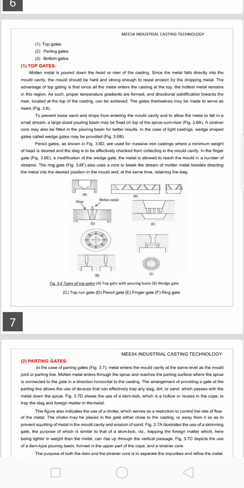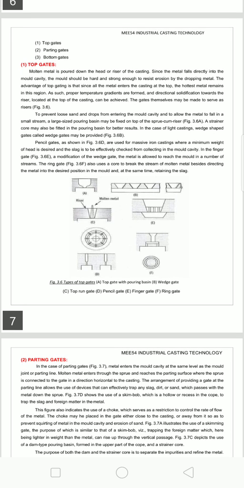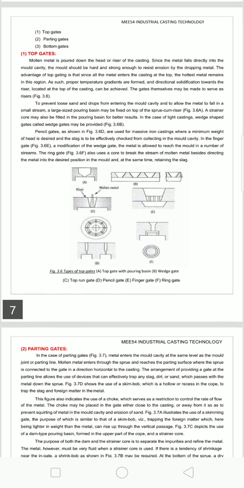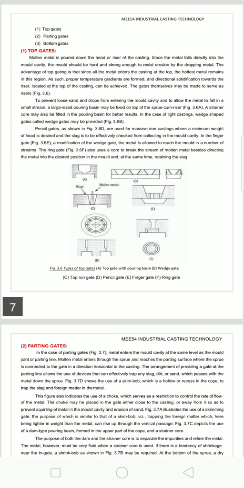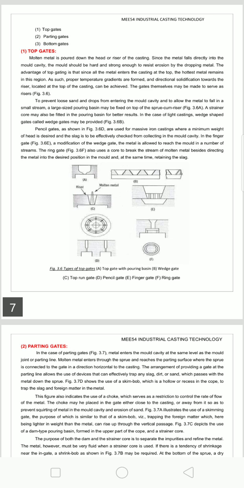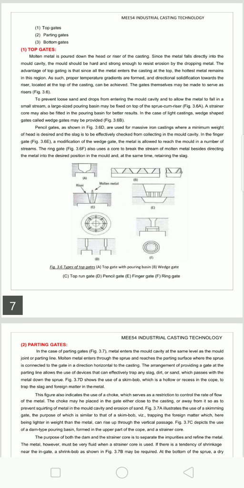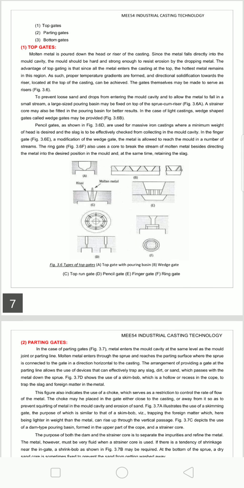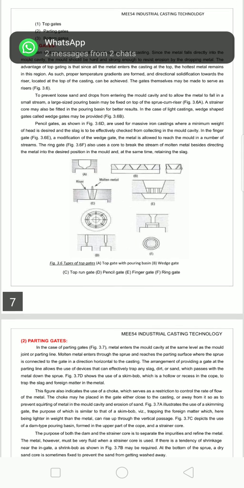In case of light casting, wedge shaped gates called wedge gates are provided. These are given in the picture. Pencil gates are used for massive iron castings wherein a minimum weight of head is desired and the slag is to be effectively checked from collecting in the mold cavity.